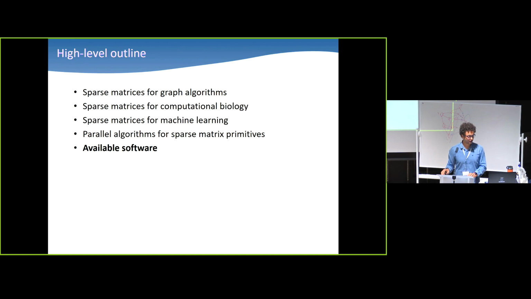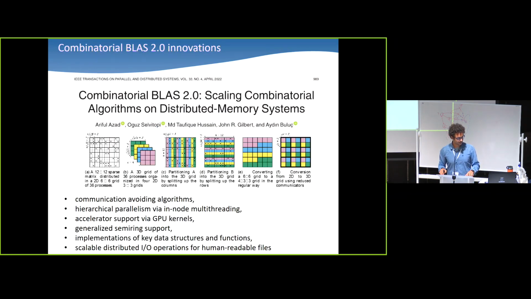So if you want to develop, use sparse matrices for data analytics purposes that I described, or things that I haven't heard about yet, one library I developed initially, and now other people have contributed and became the lead developers since then, is Combinatorial Blast.